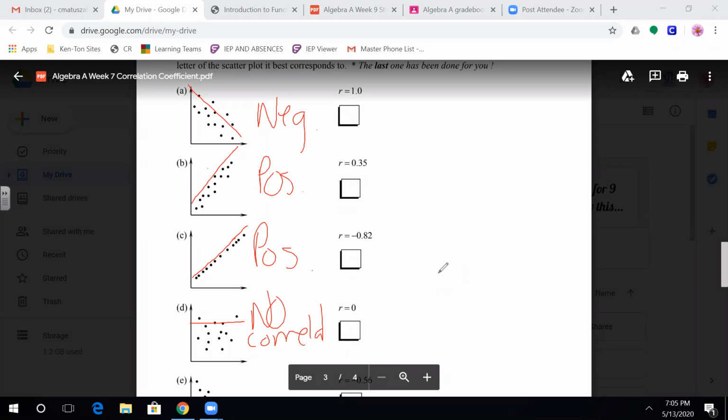Once you do that, tell whether it's positive or negative, then you want to tell if it's strong, weak, or moderate. This one is moderate. This one is pretty strong because that's almost all fit on my line. This one's very strong. And then no correlation, so there is no correlation, so I can't tell you whether or not it's strong, weak, or moderate.